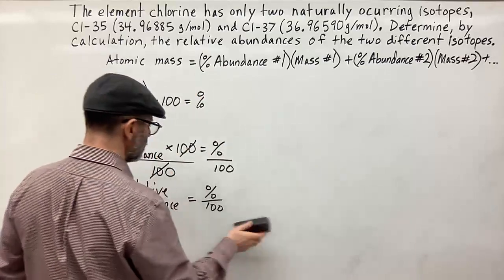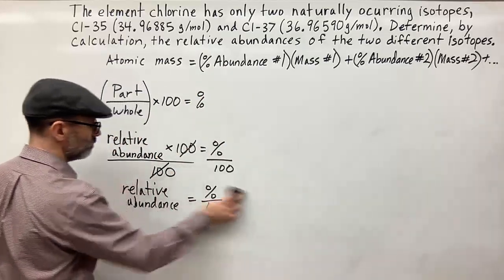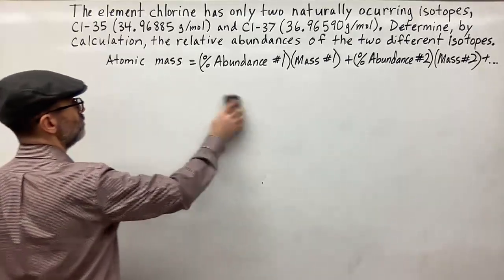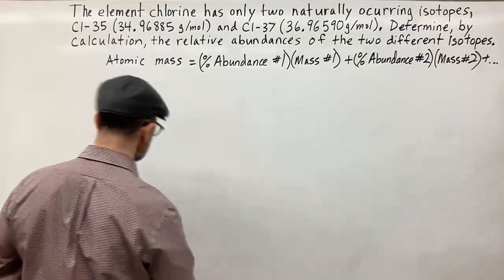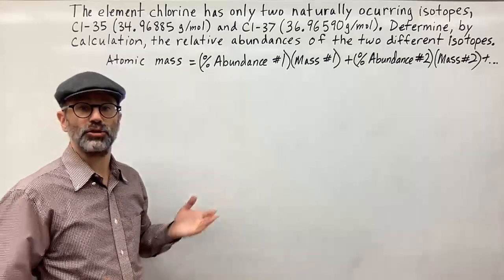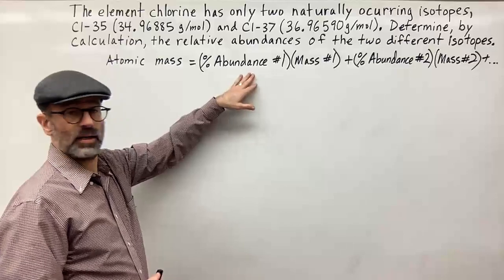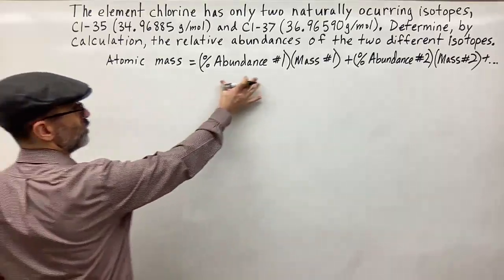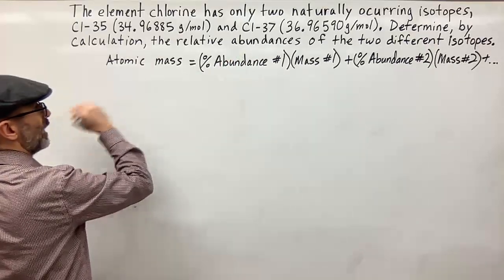So what does that leave us with for the equation? Let me erase this. Instead of using percent abundances, we can just use the relative abundance, because they're related to each other by 100.